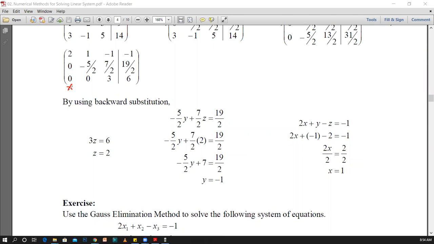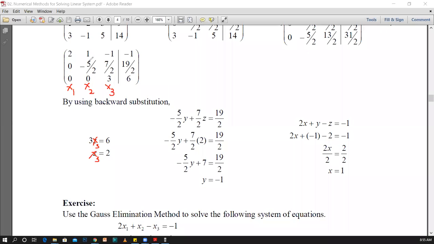The first column is associated with x1, here it is x2, here it is x3. Now I am using the third row. 3 times x3 is equal to 6. Therefore, the value of x3 is equal to 2.